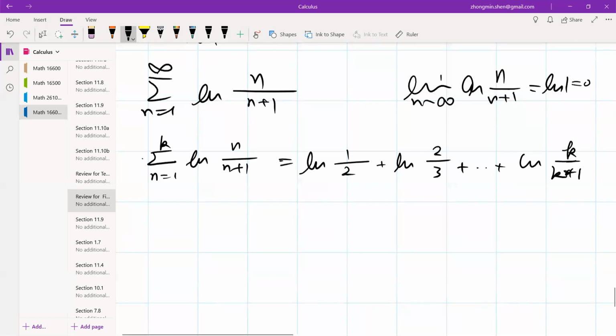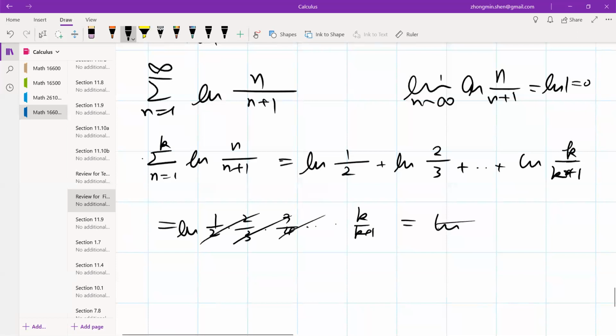This can become a product. Do you agree? It's going to be 1/2, 2 over 3, 3 over 4, up to k over k plus 1. So all those terms cancel out.